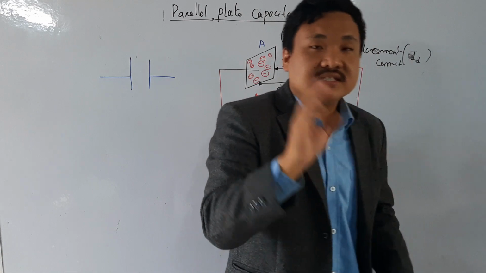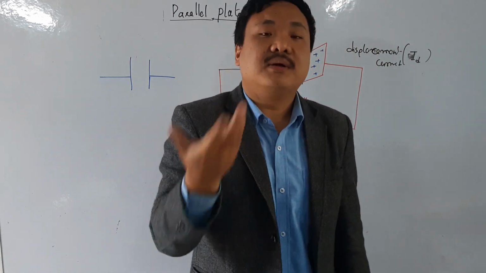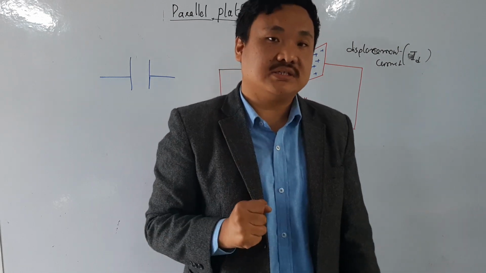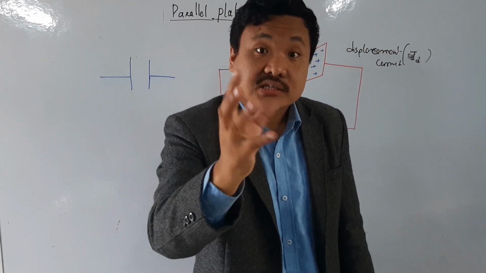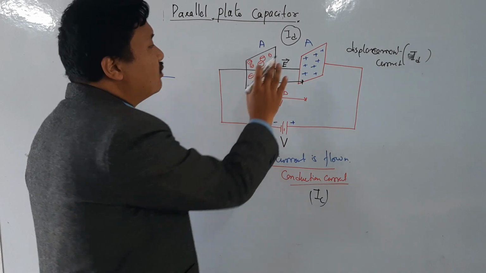We will discuss this displacement current in a couple of lectures, because we have to discuss Maxwell's equations. This displacement current has come from Maxwell's equations. So the main thing is this.